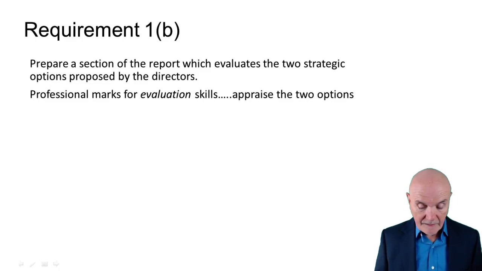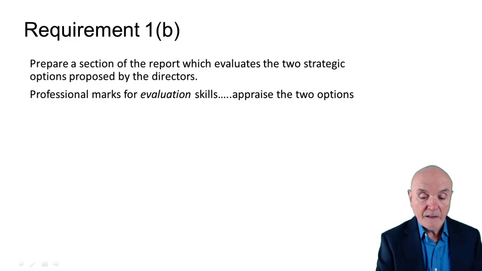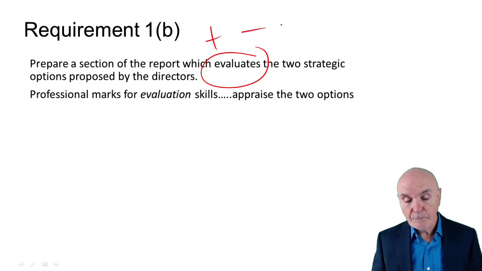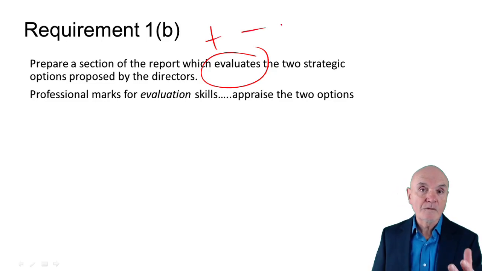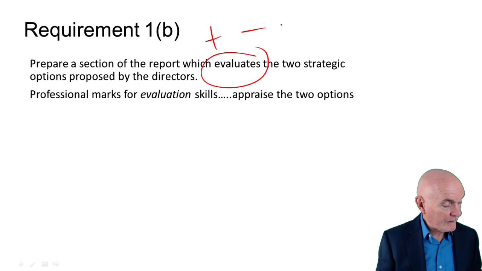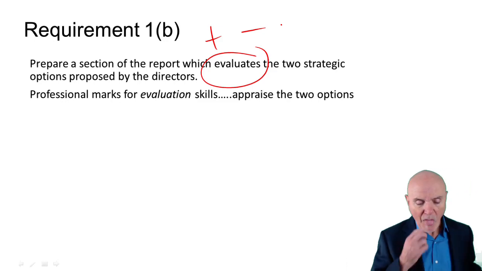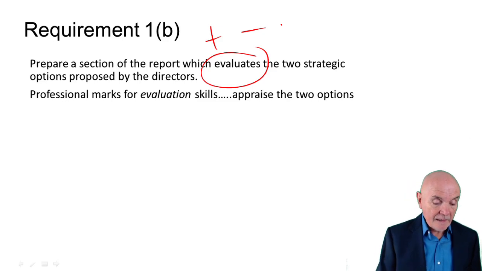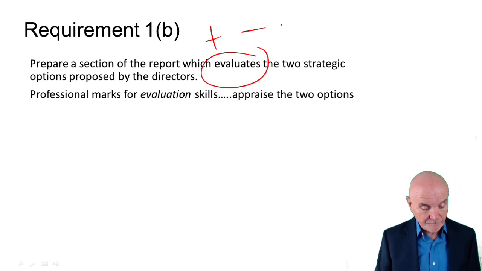What's meant by evaluate? Generally speaking, when you're looking at evaluate, you want pluses and minuses. Pros and cons. Good things about this, bad things about that. You may be asked to come to a conclusion on it. Does a model answer actually come to a conclusion? It may be the sort of thing that we can't sensibly get to a conclusion.